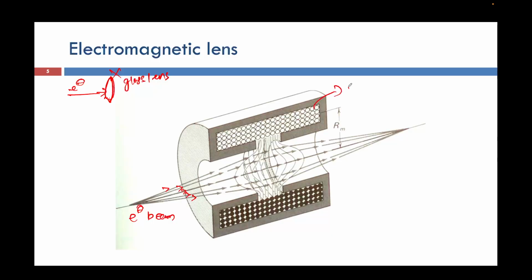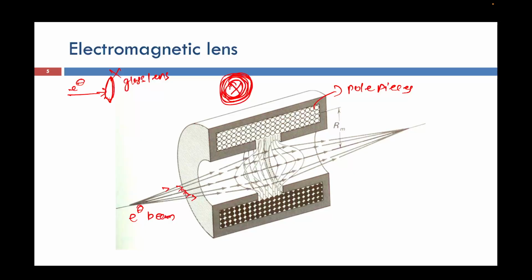These are the pole pieces, around which the conducting wires are wound. Once we start giving a potential to them, around these wires the magnetic field will be generated.